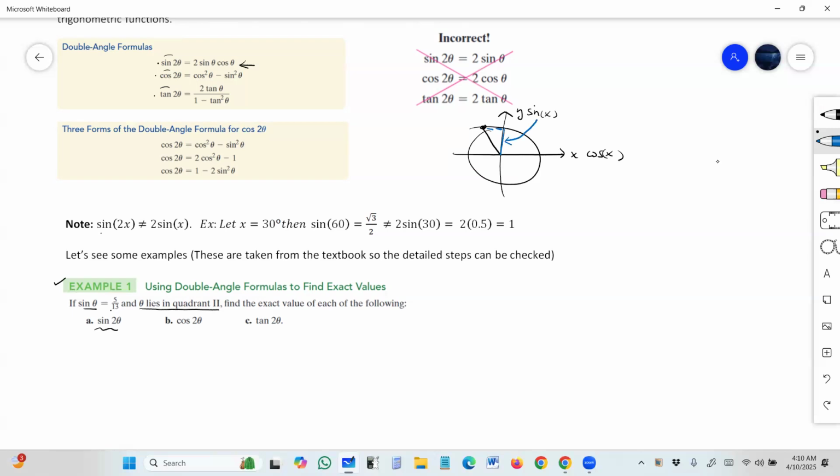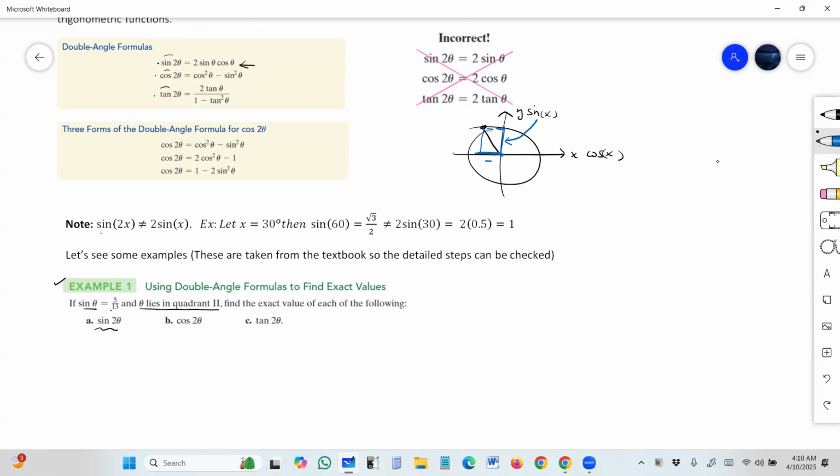This length is the sine. Above the origin, this is a positive y coordinate, so the sine is positive. And cosine is this segment along the x-axis, which is negative. This is how you can tell if sine or cosine is positive in a particular quadrant.